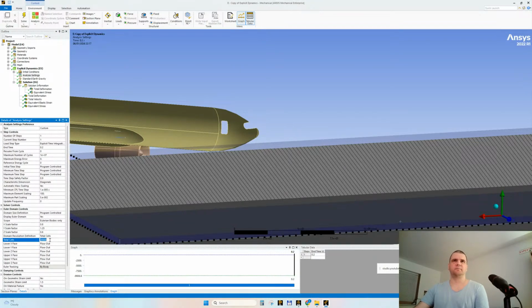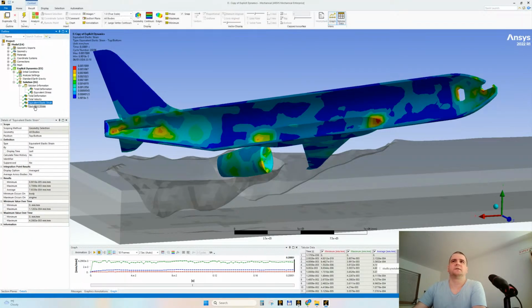I think I made simulations with 2 million, but it was slow to solve and slow to animate. So in principle, we should be good with around 100,000. So 250,000, the default, should be a maximum in most cases, okay?